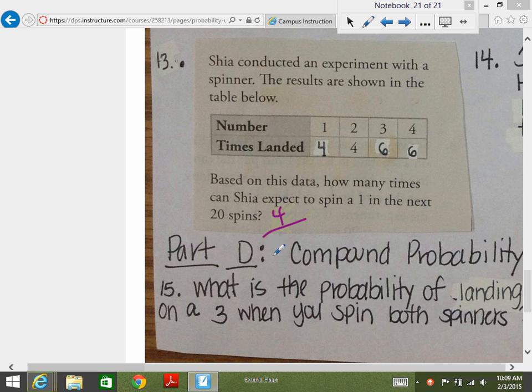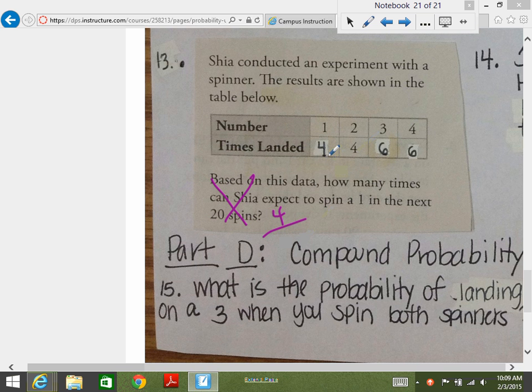Out of what? Not 6. She didn't spin it just 6 times. She didn't spin it 20 times, did she? We're not even talking about the question. I'm looking up here in the chart. You have to use the chart first.